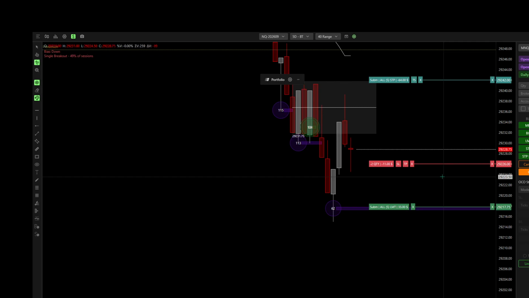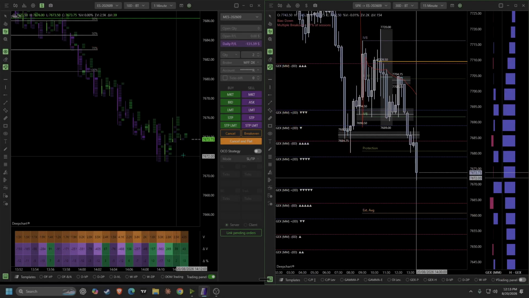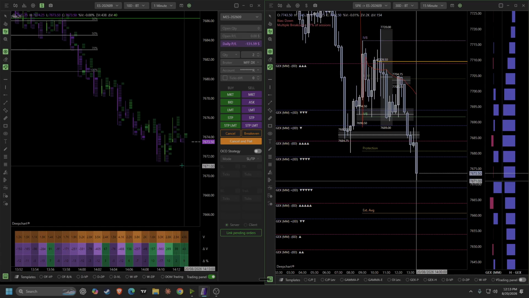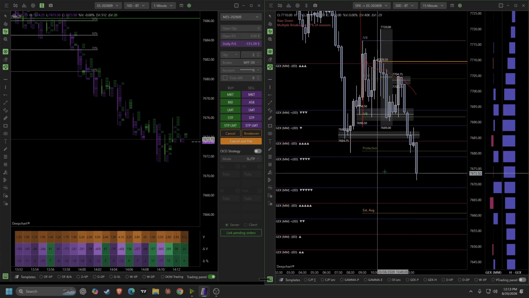I'm liking this NASDAQ price action. The S&P is just kind of holding tight. I do think we're going to continue down, but I'm just not messing with it right now.